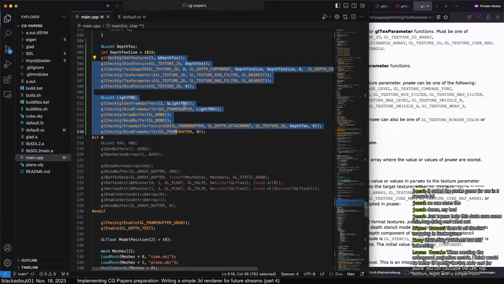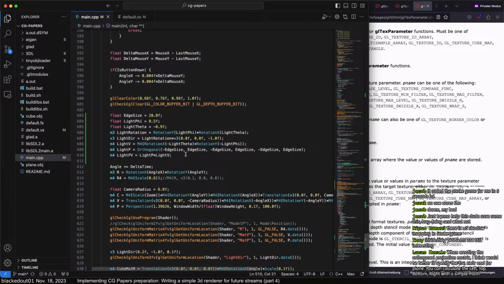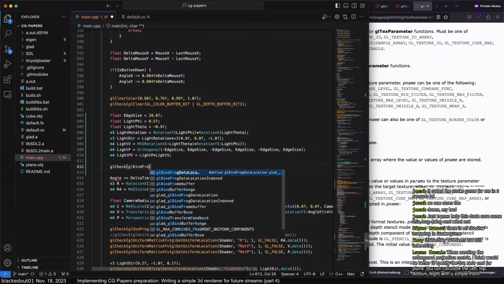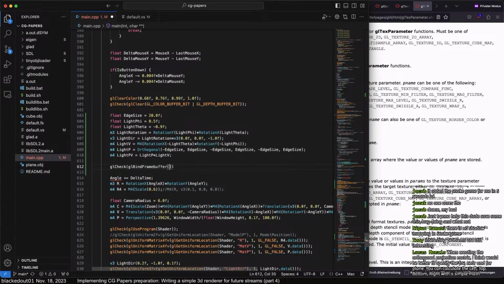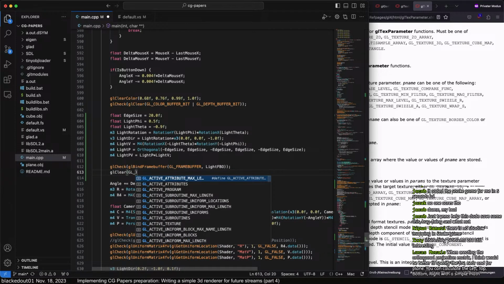So the only thing we need to do now is render into the frame buffer. And to do that, we again have to bind the frame buffer. And we have to clear the texture.